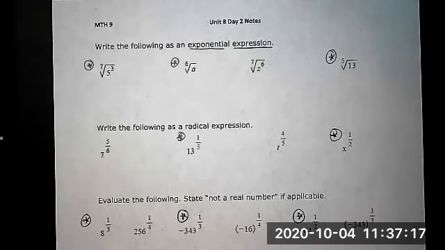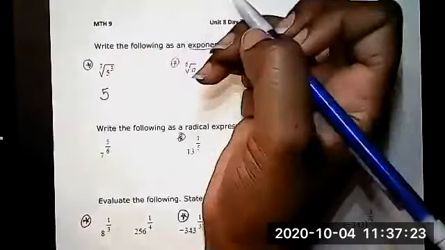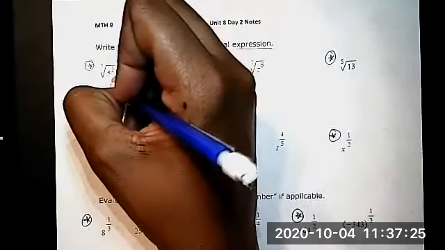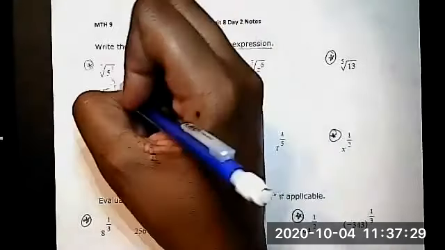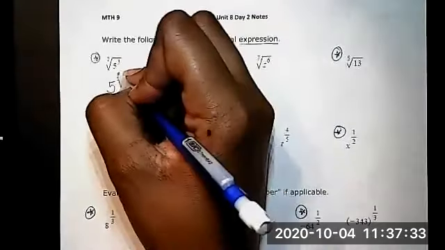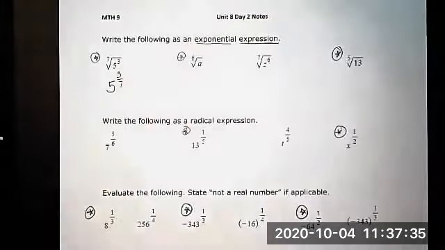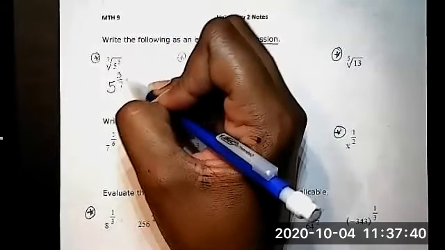They want it as an exponent. That's usually a fraction. So if your base is 5 to the 3rd power, if you have the root here, this root is going to become a denominator, okay? So this is 5 to the 3 over 7, okay? These two are basically alike.